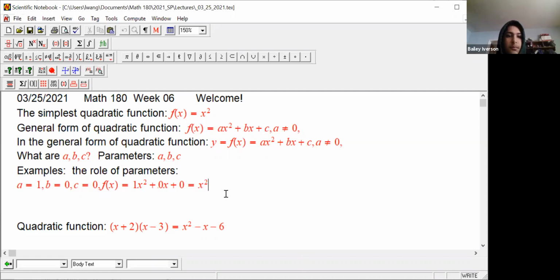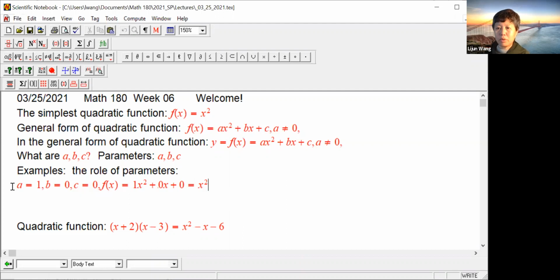So when the three parameters are assigned values, the function is decided. This is the difference between parameters and variables.